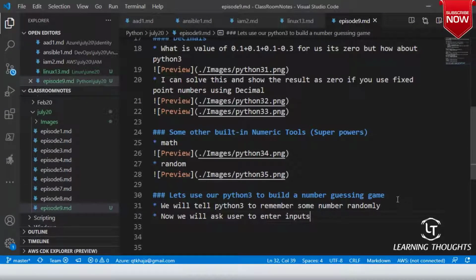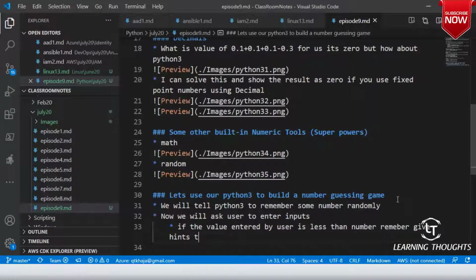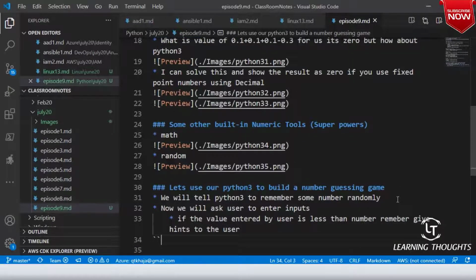If the value entered by the user is something like, let us assume Python has remembered 70, and then this user has guessed the number as 30, then it is less than the number remembered. Give hints to the user. So let me write a sample output.